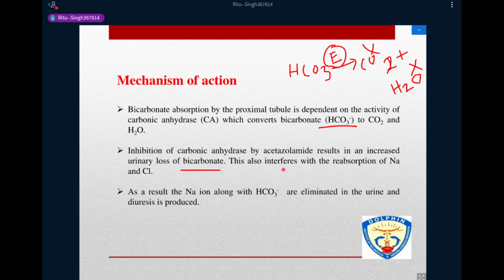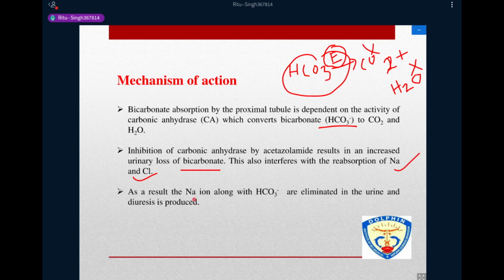The acetazolamide drug also interferes with the reabsorption of sodium and chloride ion. So with the bicarbonate ion, sodium ion and chloride ion are also excreted from the body. Okay.